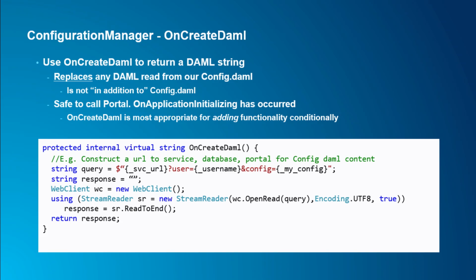It could be read from a database, it could be stored on disk, it doesn't really matter, okay? So OnCreateDaml is ideal for adding functionality conditionally. Like when you have some set of tabs predefined, and it's a different set for each individual user.